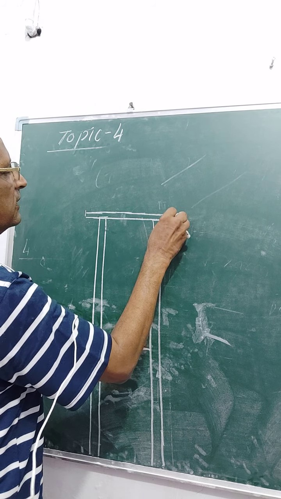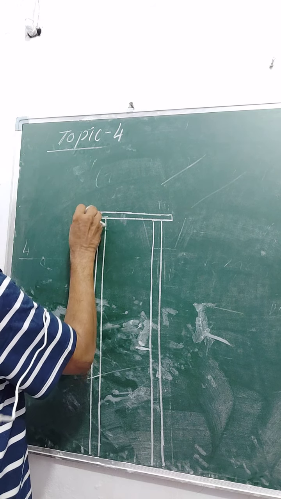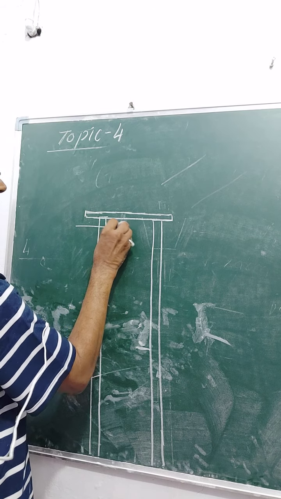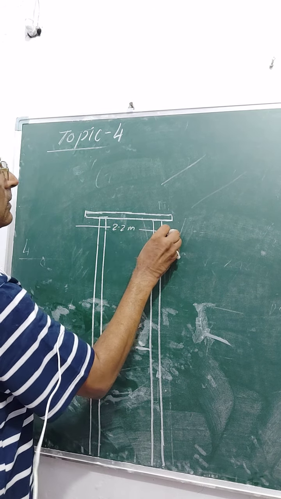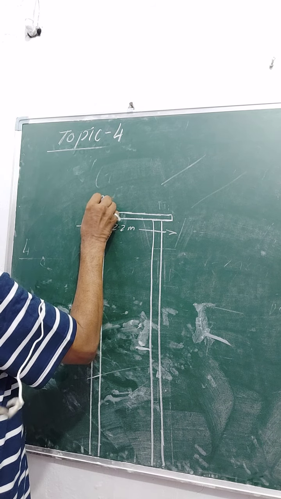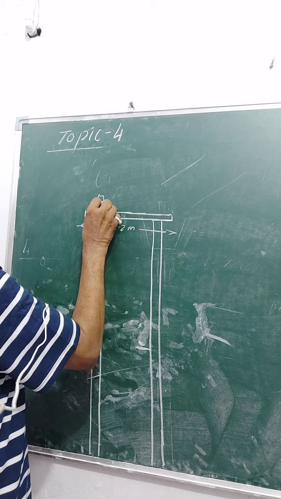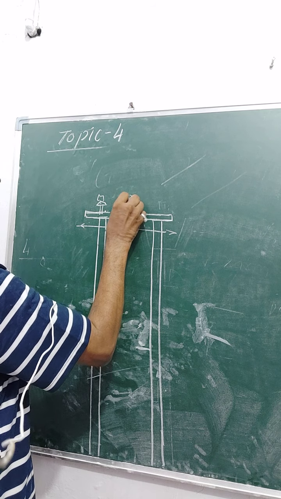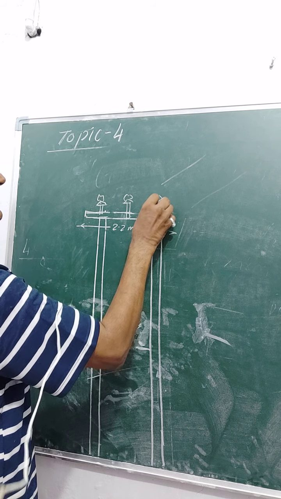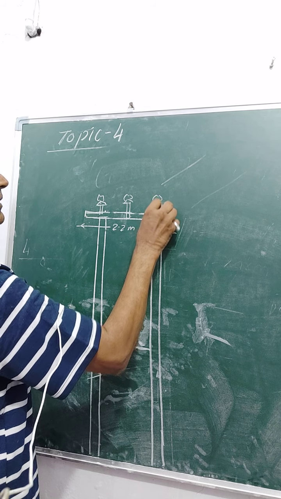This is the horizontal cross arm, which is 2.2 meter long, 2.2 meter from here to here, and then we can put insulators on this with the help of a pin.